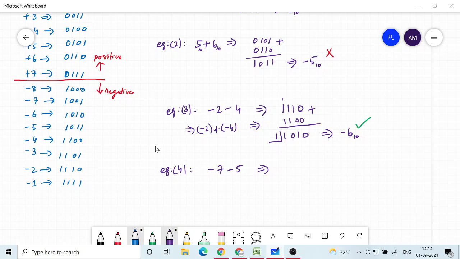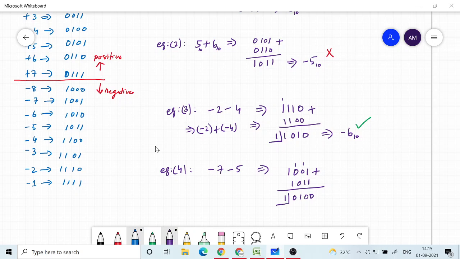So let us do this. -7 is basically 1001 plus -5, which is 1011. If you add them together, we have 1 plus 1, which is 0, carry 1; 1 plus 1 is 0, carry 1; and then 1 plus 1 is 0, carry 1.